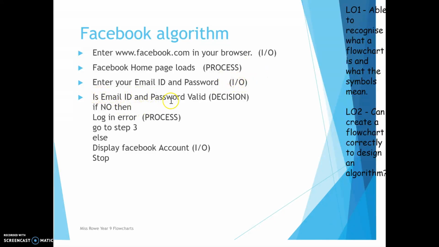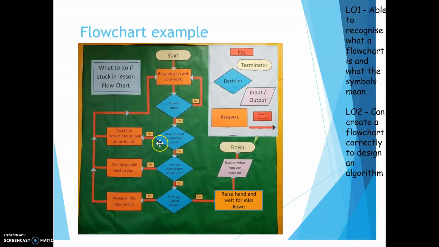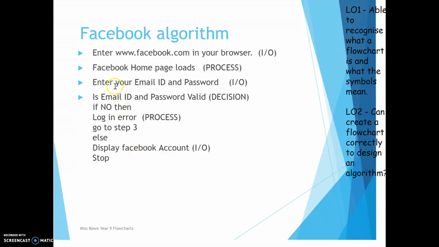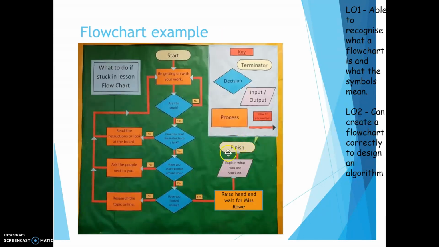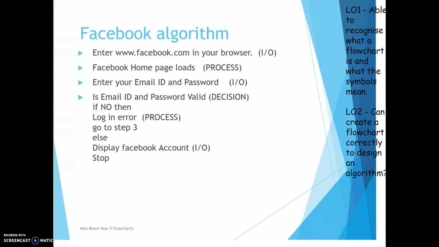Is the email ID and password valid? Well, that is a decision. So that would be in one of the diamonds. If no, then login error, process. Go to step 3, else, display Facebook account, input, output. Stop. And that's it. Or that one's finish, obviously. But it's exactly the same thing.